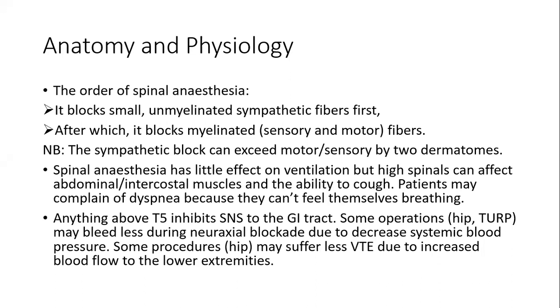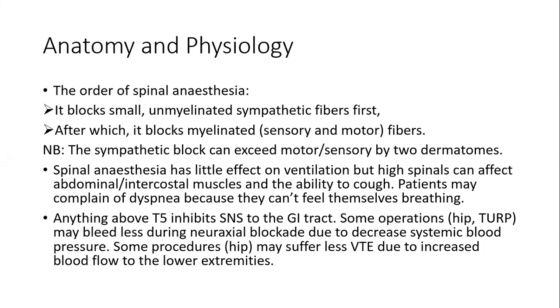But anything above T5 inhibits sympathetic nerve supply to the GI tract. So you can have surgeries on the hip and transurethral resection of the prostate usually bleed less because of reduction in systemic pressure.